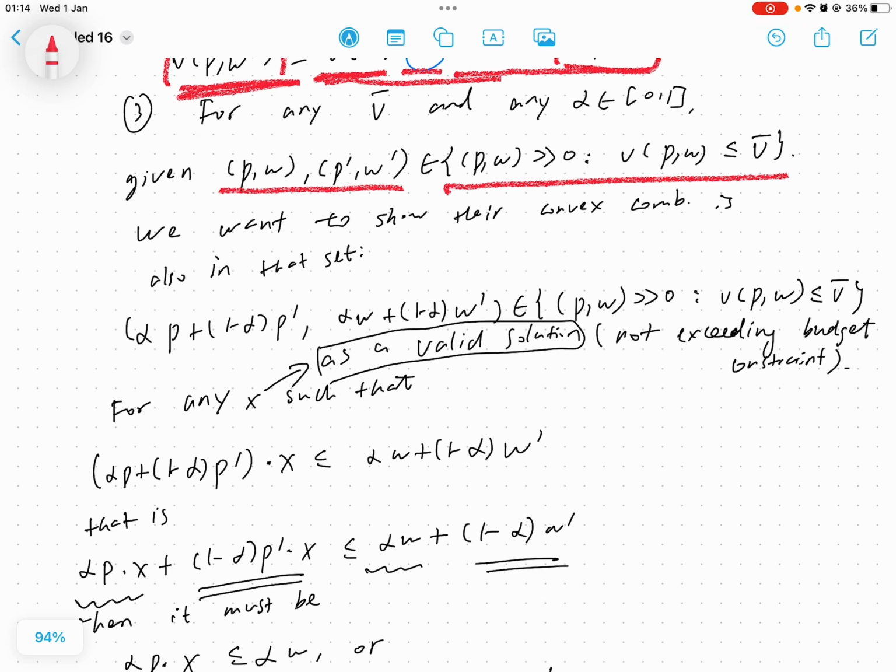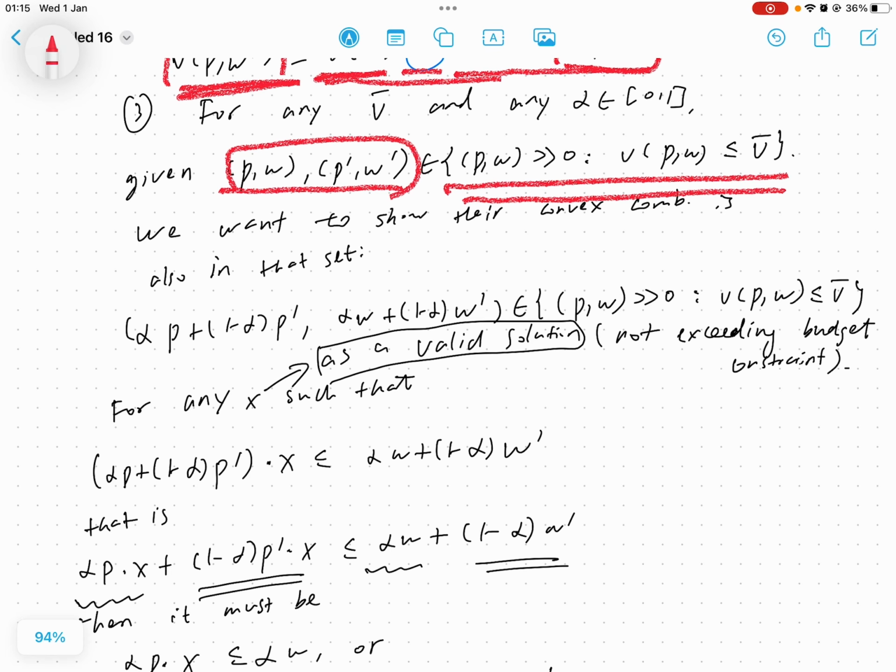What we are going to show is that the convex combination of those two points is still in this set. If we can show that, then we have proved the convexity of this lower contour set, and therefore the quasi-convexity of this indirect utility regarding P and W.